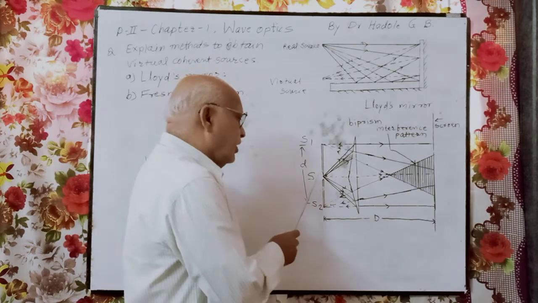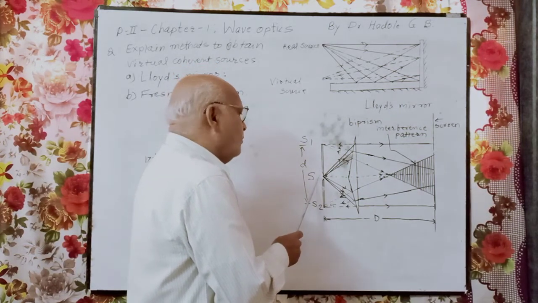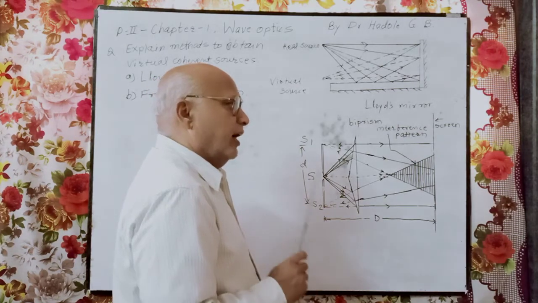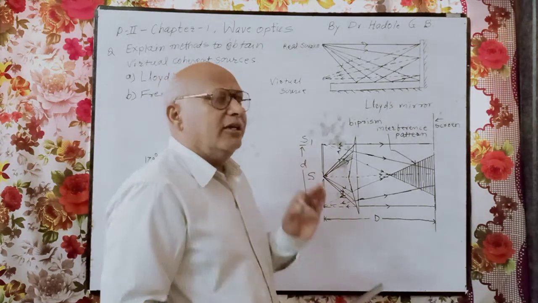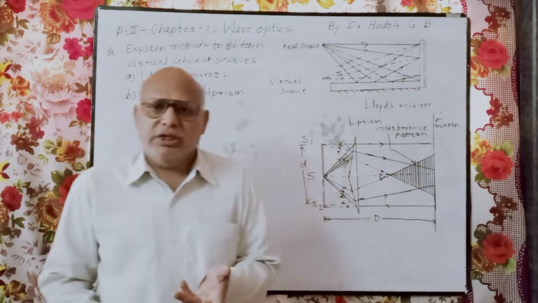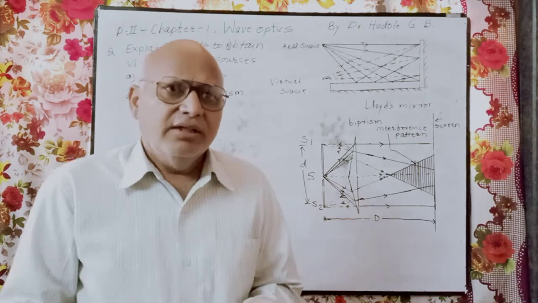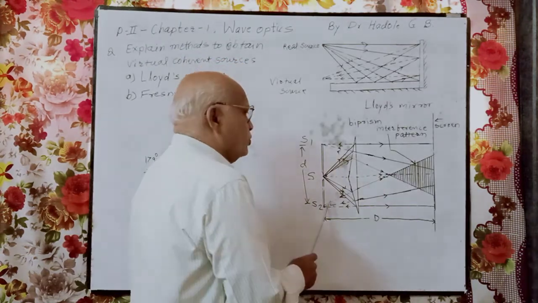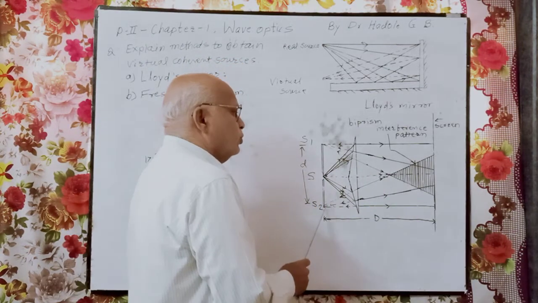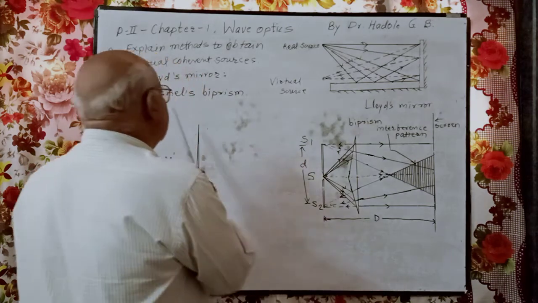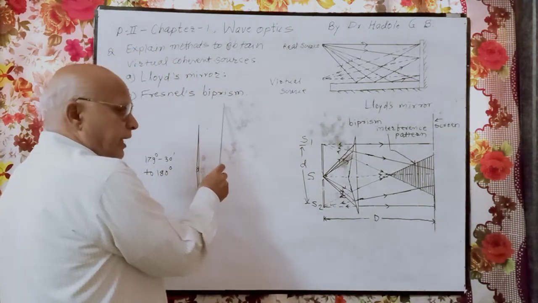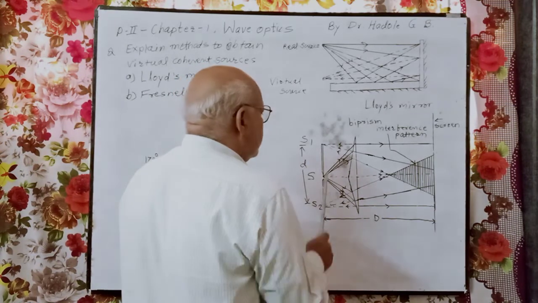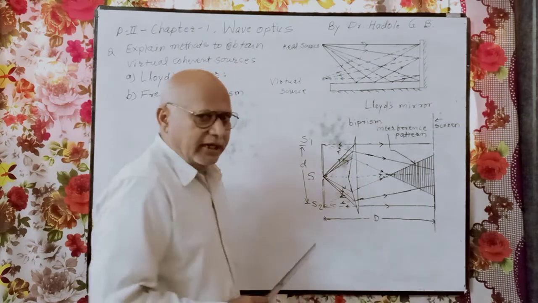Now here this is the only real source. From this real source, these two virtual sources are obtained. These two sources are in phase. Their frequency is the same, and that's why these are two coherent sources, but these are two virtual sources. And this way, Fresnel, using a biprism arrangement, obtained two virtual or coherent sources.